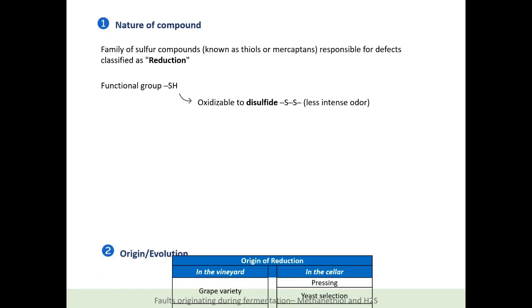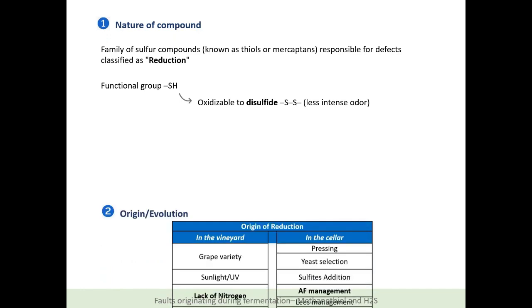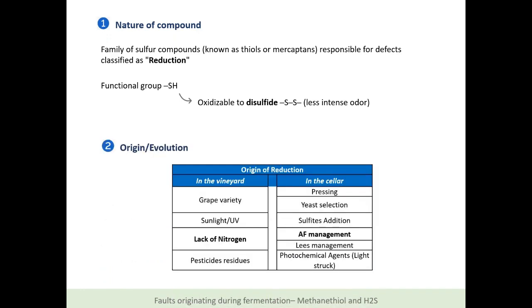So the origin of these compounds in the vineyard: they can come from the grape variety. For example, Syrah and Shiraz are very prone to develop reduction. Sunlight, UV. Then, in bold, lack of nitrogen.